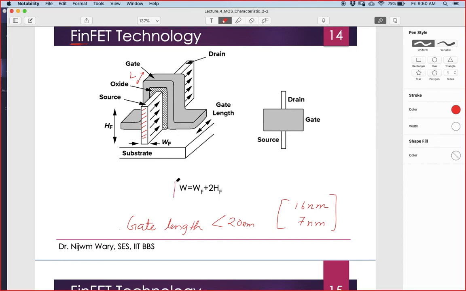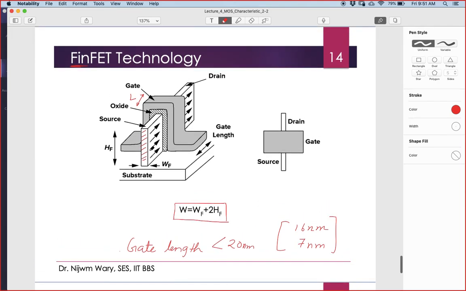So the width of the channel is defined as WF plus 2 HF. This is how it works in the new Finfet technology, because the main purpose is so that the gate has more hold on the channel to reduce the leakage and different effects like that.